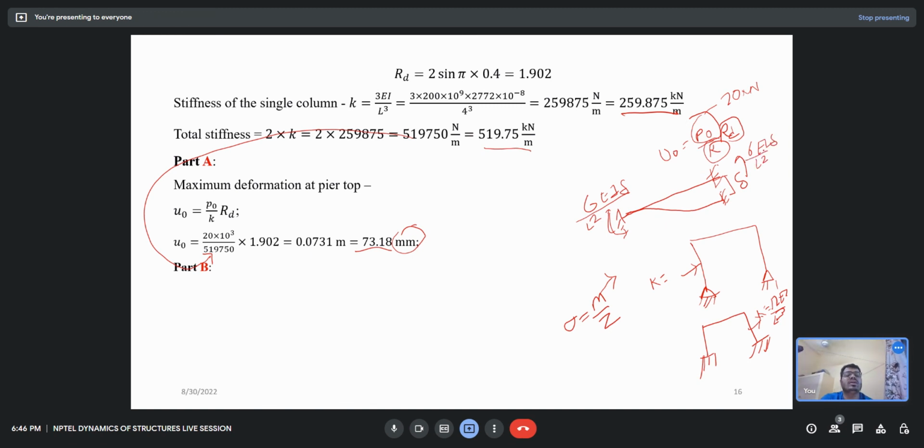So can you tell me what is the bending moment if my one end is hinged?